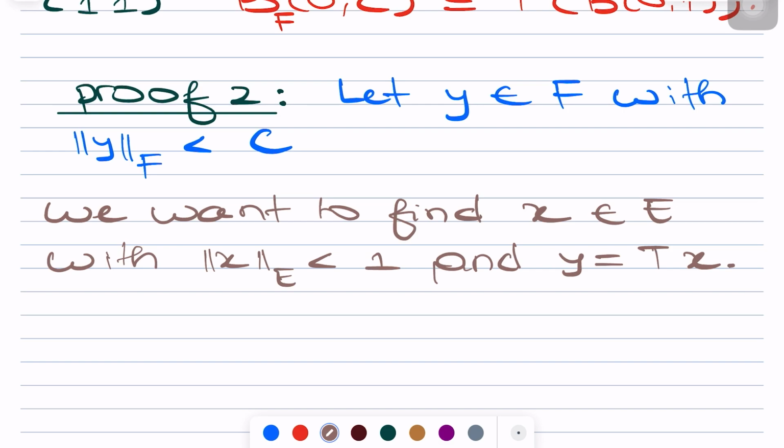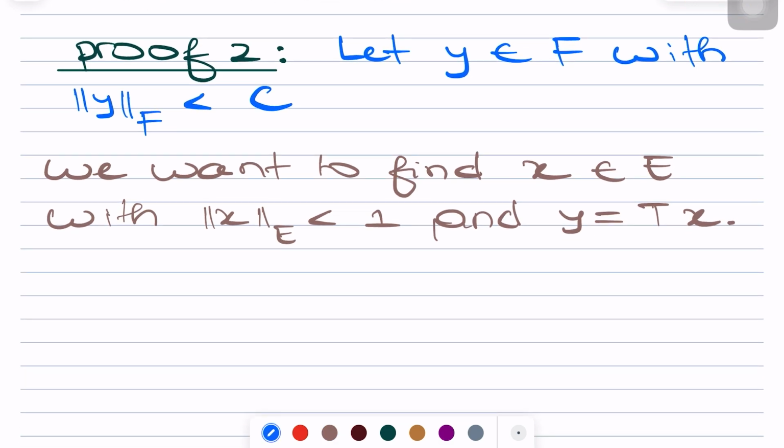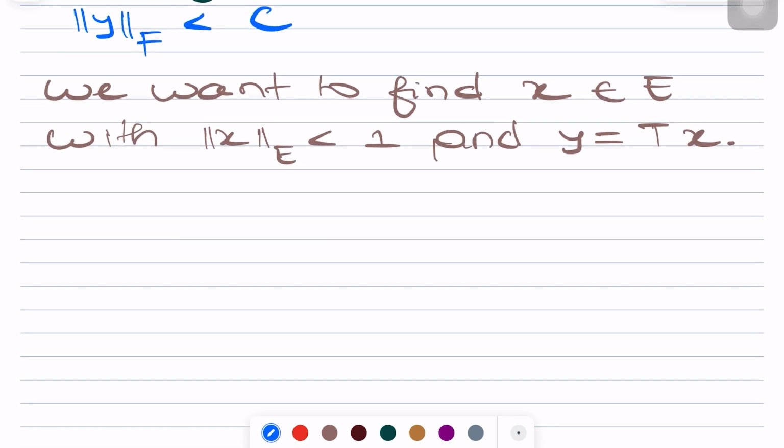Again, this proof is a bit technical, but not that technical afterwards.